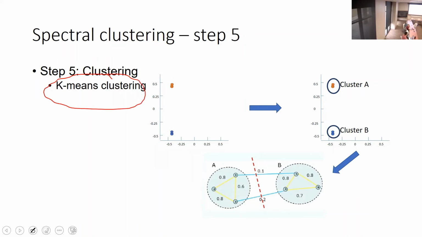We apply k-means onto graph data. This graph data has been converted using the Laplacian matrix, using eigen decomposition, using eigenvectors to do the k-means. That's called spectral clustering.